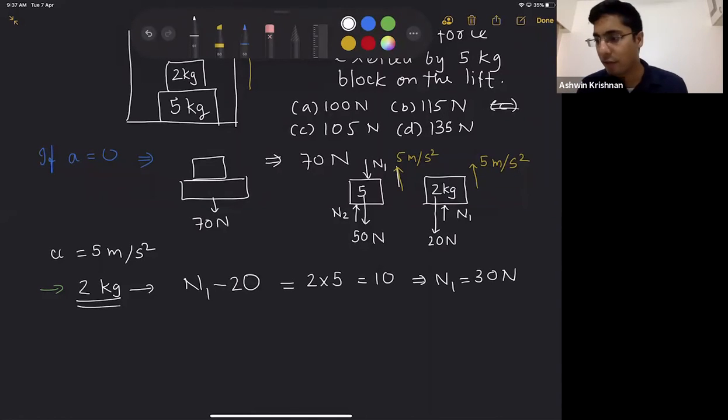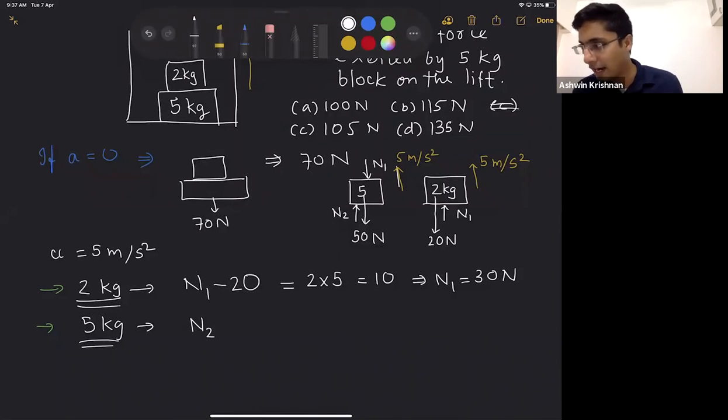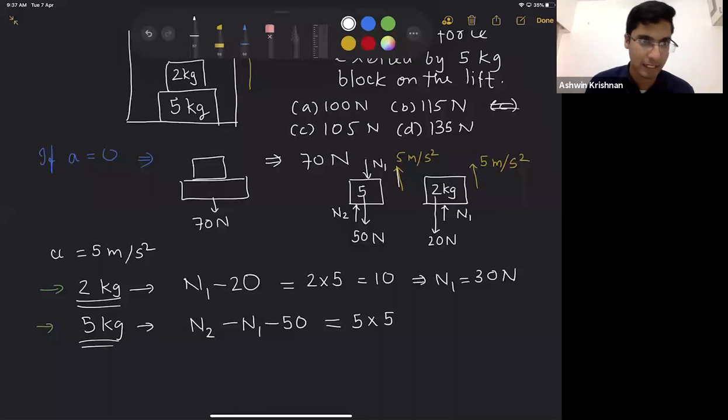Okay. For the 5 kg body, there are three forces. N2 is acting upwards, and N1 and 50 are acting downwards, right? And the net force has to be equal to 5 into 5, because the mass is 5 and the acceleration is 5.